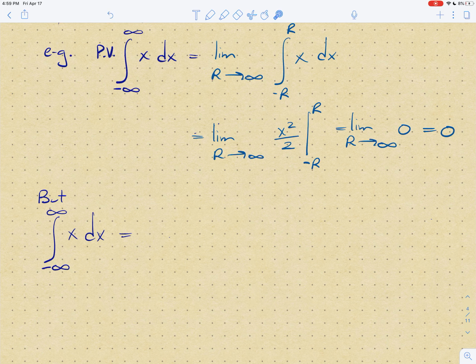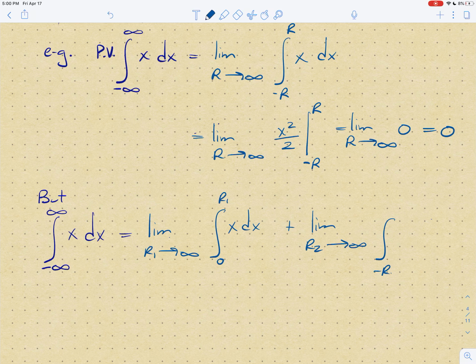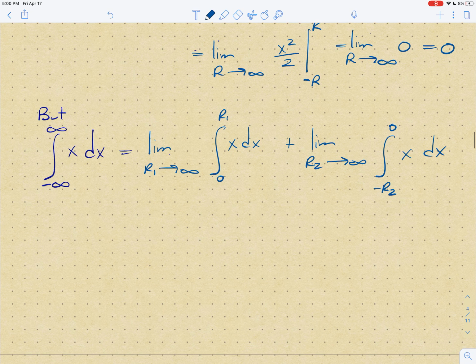However, if you look at the improper integral, minus infinity to infinity of x dx, the true definition is the limit as r1 goes to infinity of the integral from 0 to r1 of x dx plus the limit as r2 goes to infinity of the integral from minus r2 to 0 of x dx.